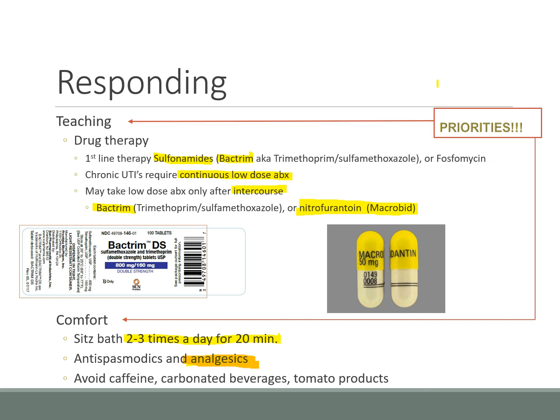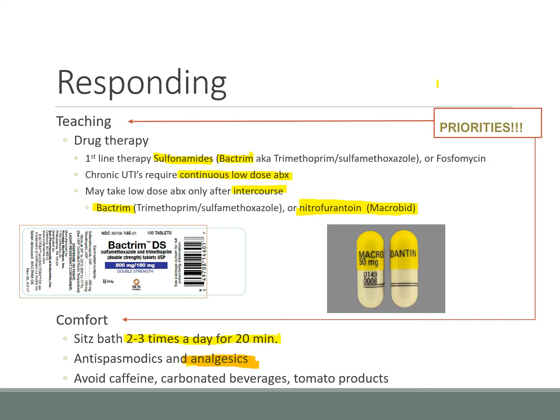The antispasmodic, the one that is in your chart, known as Anaspaz or hyoscyamine, is a medication that we can use if a person has urinary frequency. It is not used very often, but it can be used.